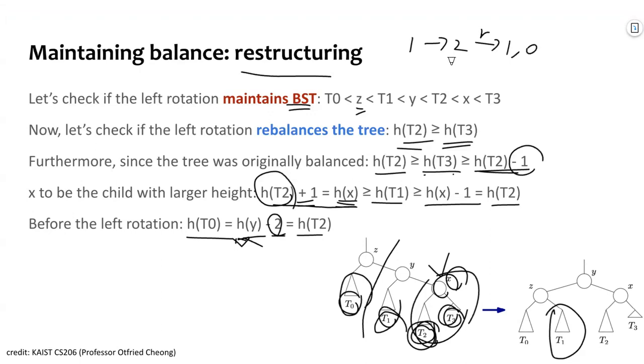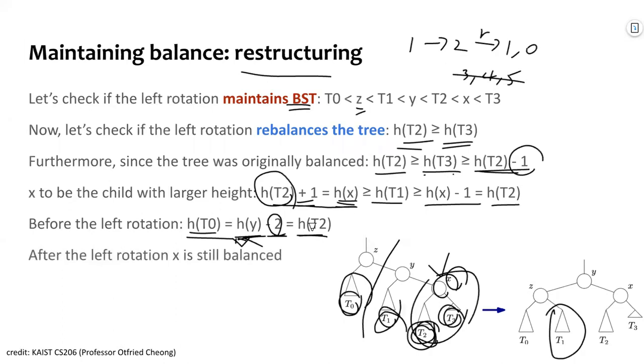So the height difference cannot exceed 2, even though it is not balanced. So we do not need to think about height differences of 3, 4, or 5. We don't have to think about these cases. So that's why the height of T0 is height Y minus 2, which is height T2.